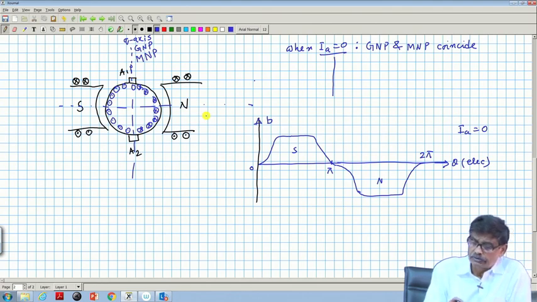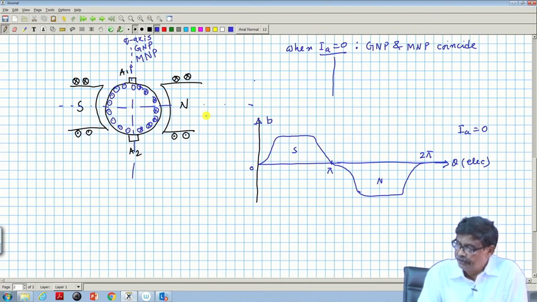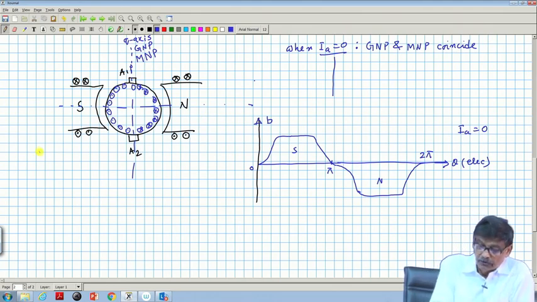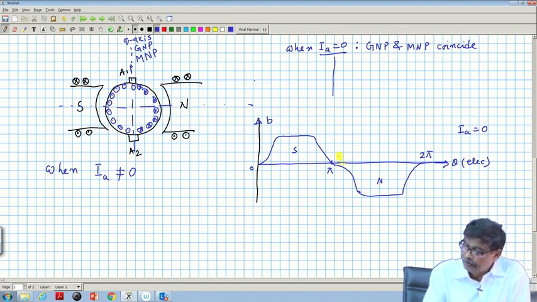Therefore, without any load on the armature, this is the field form along the air gap of the machine, and this is also the resultant field form. But when IA, that is the armature current, is not equal to 0, that is we are passing currents, then this field will be there as well as the field due to this current distribution.